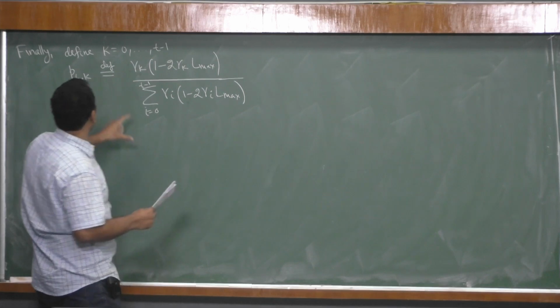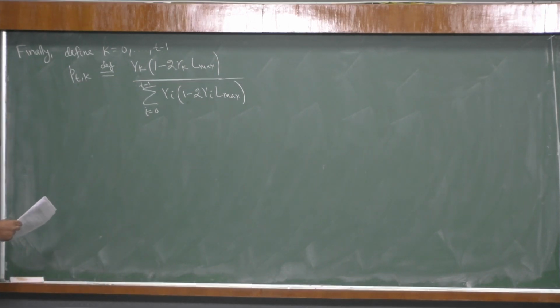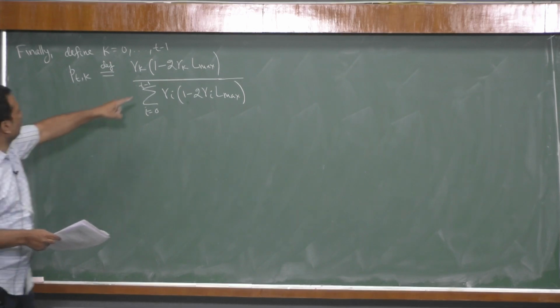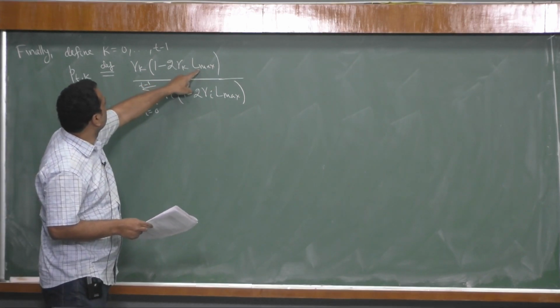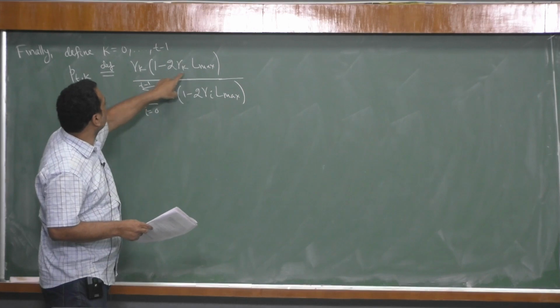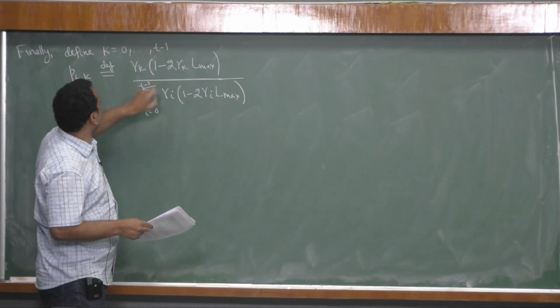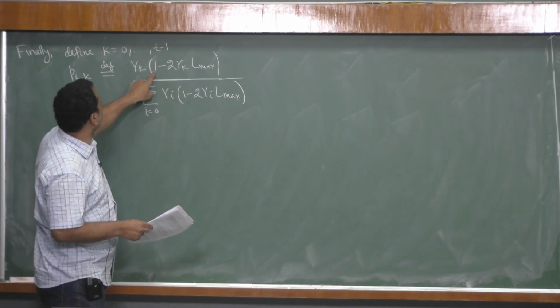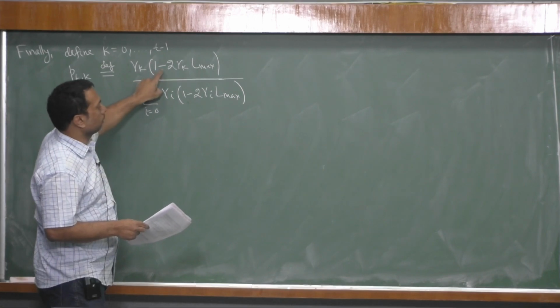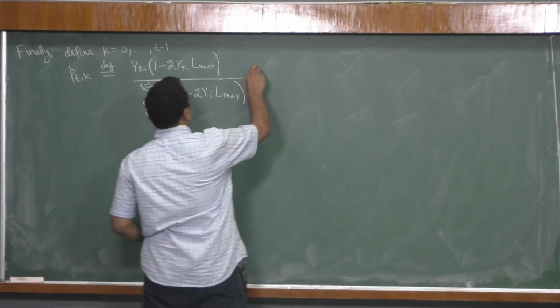And another thing is that p t k are greater than or equal to 0. I hope it is greater than or equal to 0. I believe gamma k is chosen in a way that somehow it balances L max, and this term does not exceed 1. So I believe some conditions are there in the theorem itself.